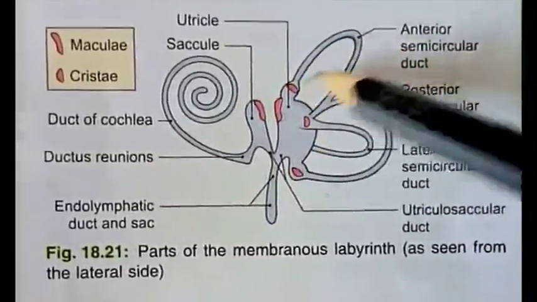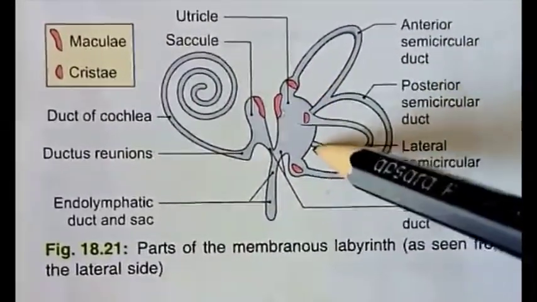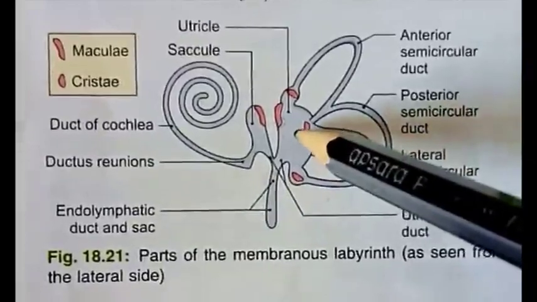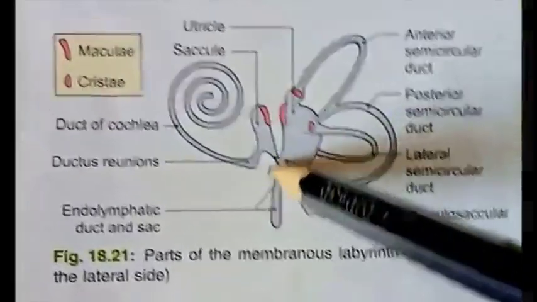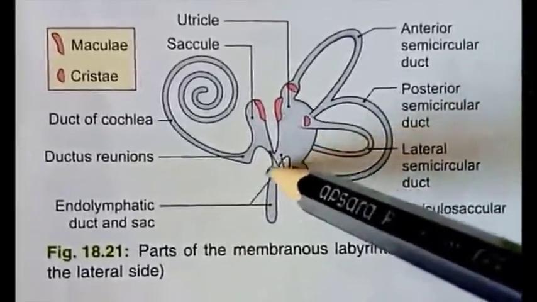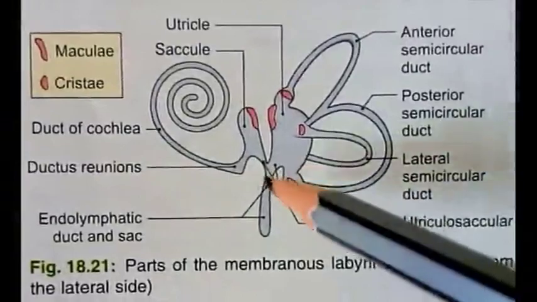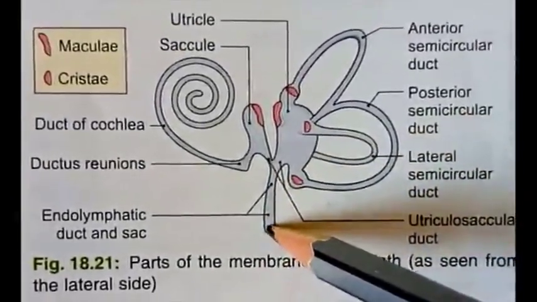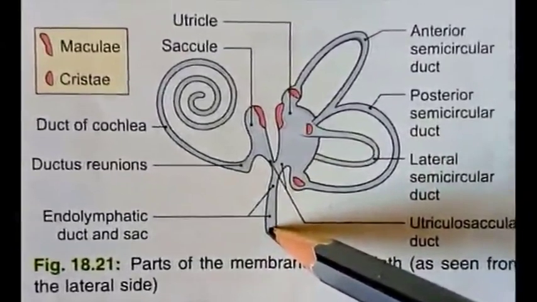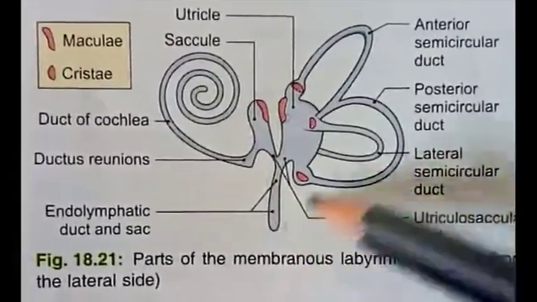It receives the ends of 3 semicircular ducts through 5 openings. The duct of the saccule unites with the duct of the utricle here to form the ductus endolymphaticus. The ductus endolymphaticus ends in a dilatation known as the saccus endolymphaticus, which closes the aqueduct of the vestibule.